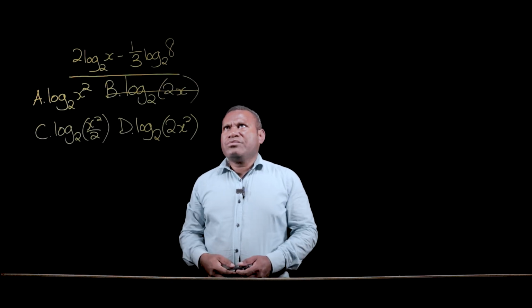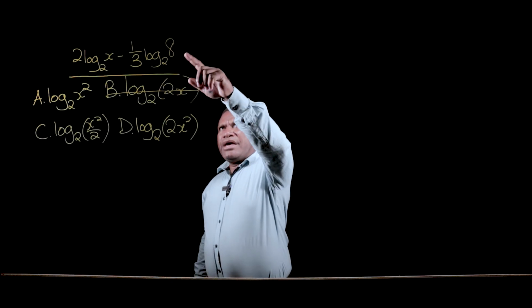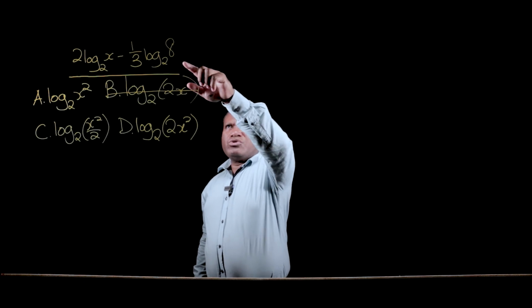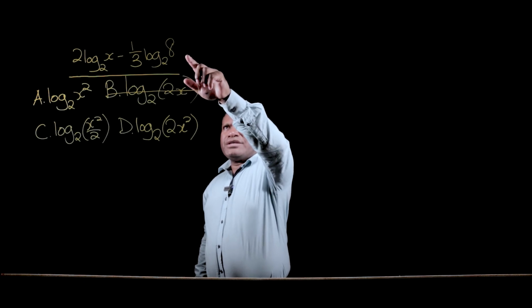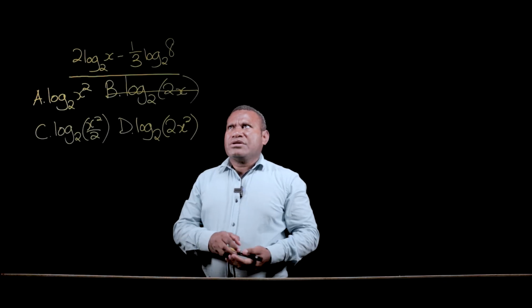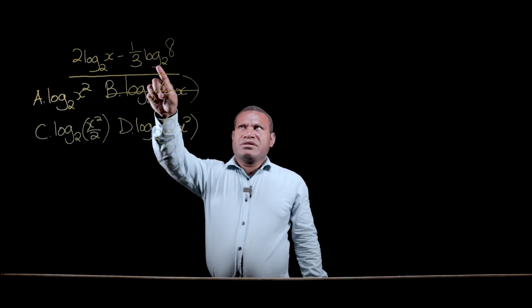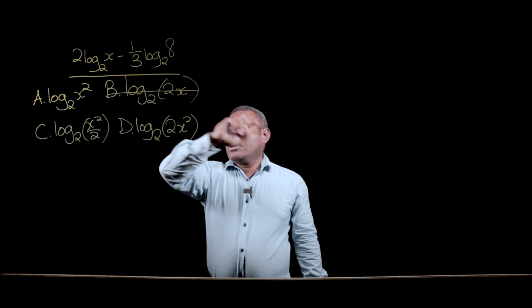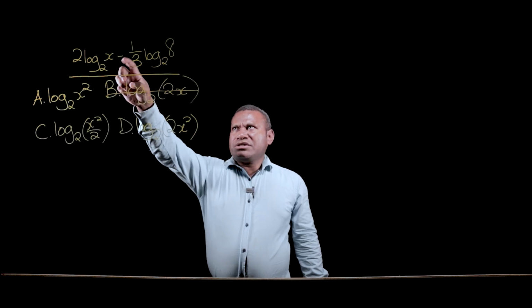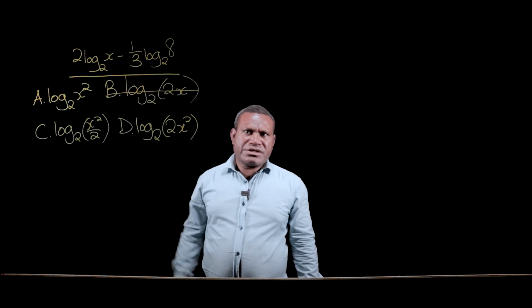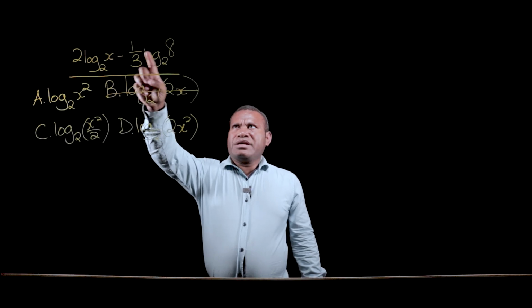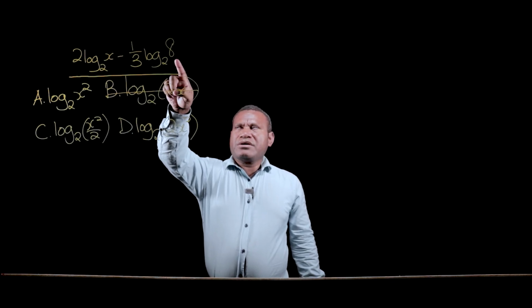So it will be 8 raised to the power of 1/3, which is the same as the cube root of 8. The cube root of 8 is 2. So this expression will be simplified down to log of 2 to base 2. Now, taking into consideration this subtraction, it is the same as x dividing by 2 here.